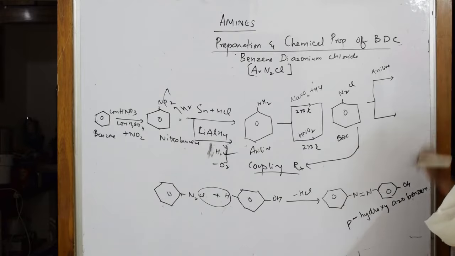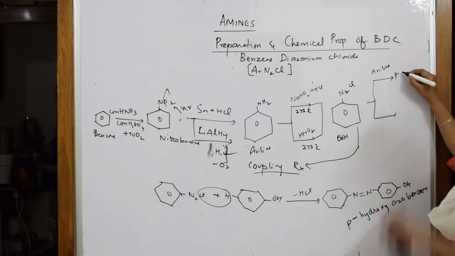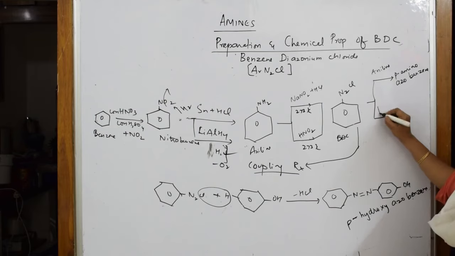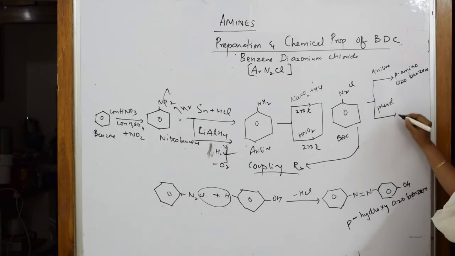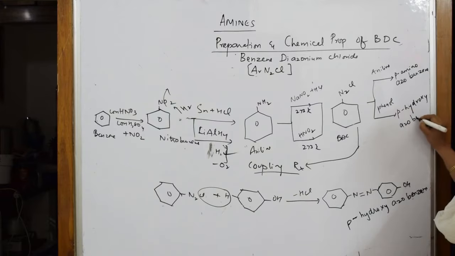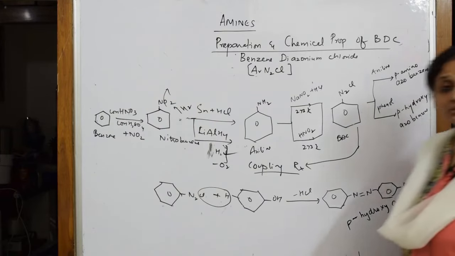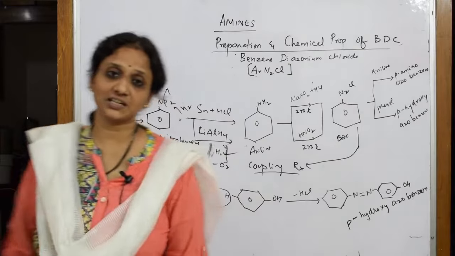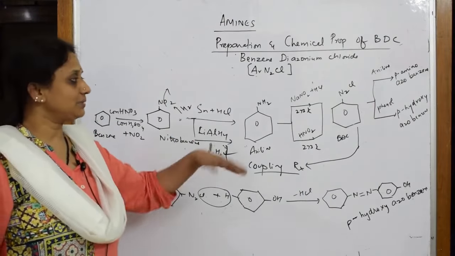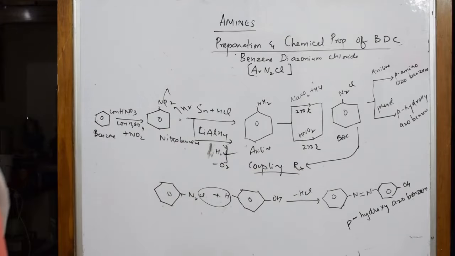With aniline, we are going to form para-amino azobenzene, and with phenol, you are going to form para-hydroxy azobenzene. Both are dyes, yellow and orange in color. So this is how you are going to show your azo coupling reactions. I'll meet you again with the next set of reactions.